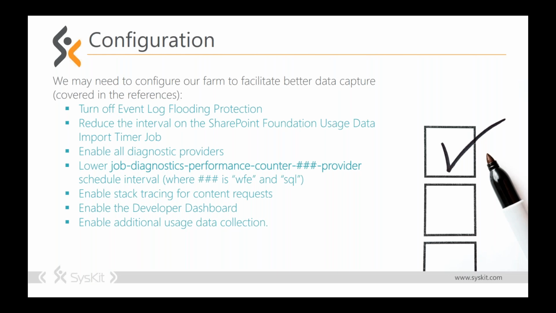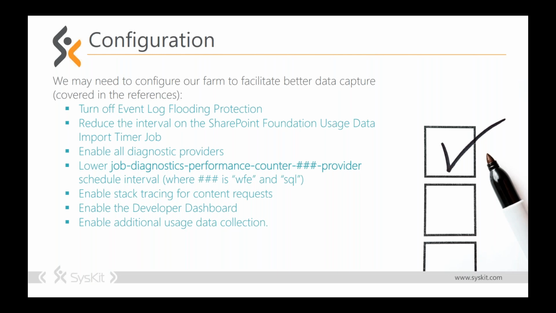This is normally enabled to basically save you log space because when certain events start occurring or you start doing things like writing performance counters to the event logs or writing to the usage logs, what'll end up happening is that log can grow dramatically and it can grow very quickly. So, you'll have to determine whether or not the events you're trying to capture warrant turning off event log flooding protection, even for a while.